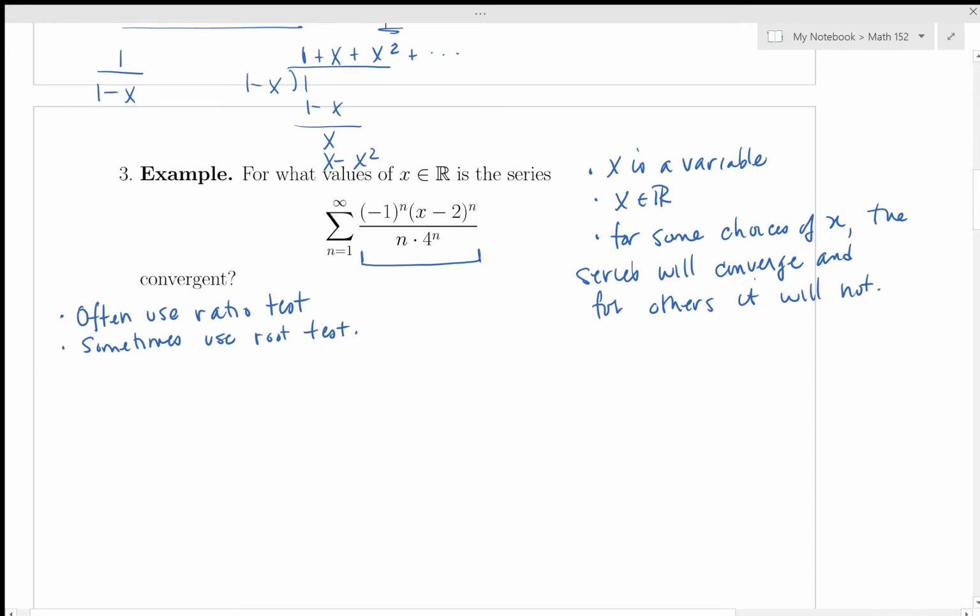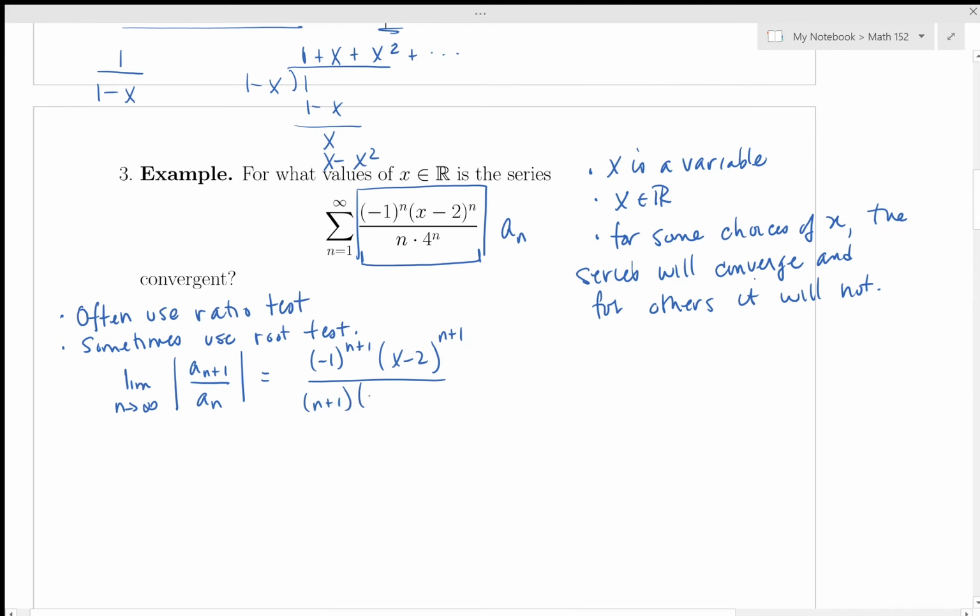AN is this thing right here. So I'm going to take the limit using the ratio test. What do I do? I take the limit as n goes to infinity of the absolute value of AN plus 1 over AN. And in this case, that looks like this: minus 1 to the n plus 1, x minus 2 to the n plus 1, divided by n plus 1 times 4 to the n plus 1.